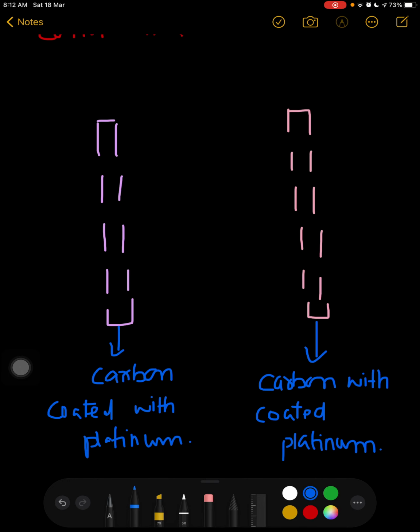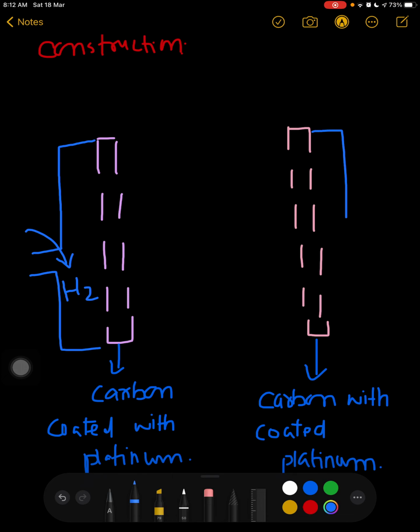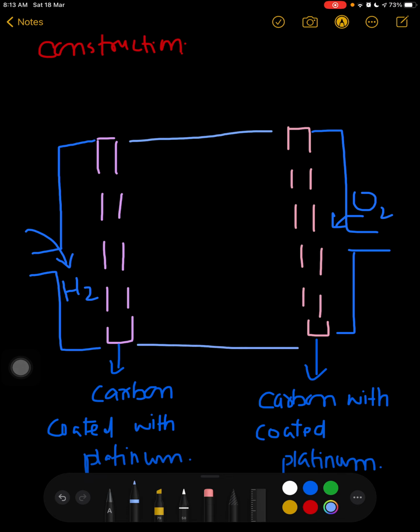Basically from here hydrogen gas is released, and from here oxygen gas is released, right? And the electrolyte solution which we have is basically an alkaline solution.